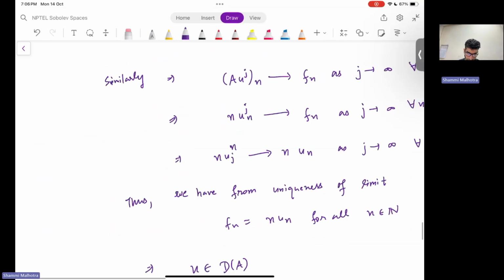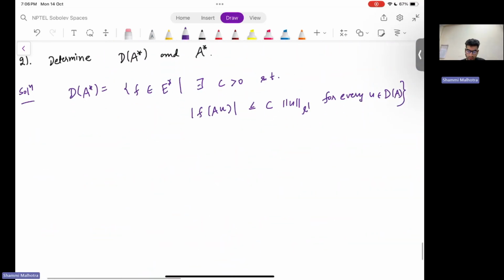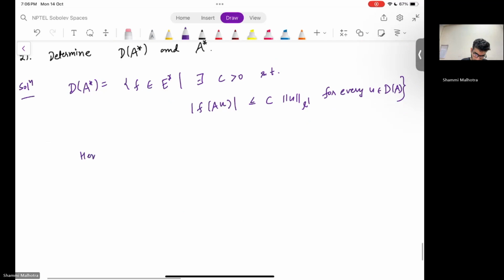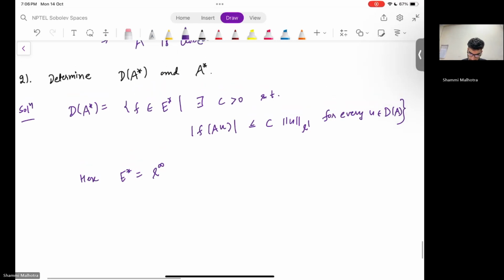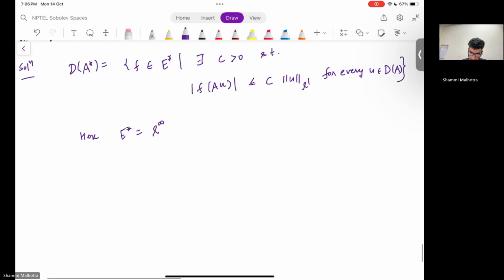Now, what is E star here? E star is nothing but L infinity only. So we know the dual functionals are nothing but the L infinity functions only.